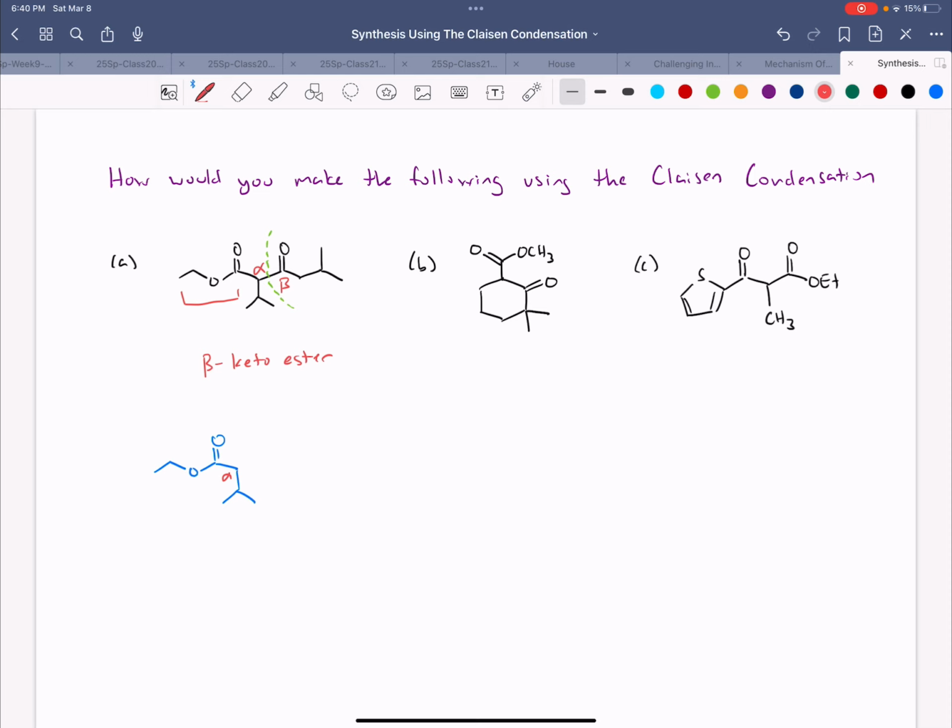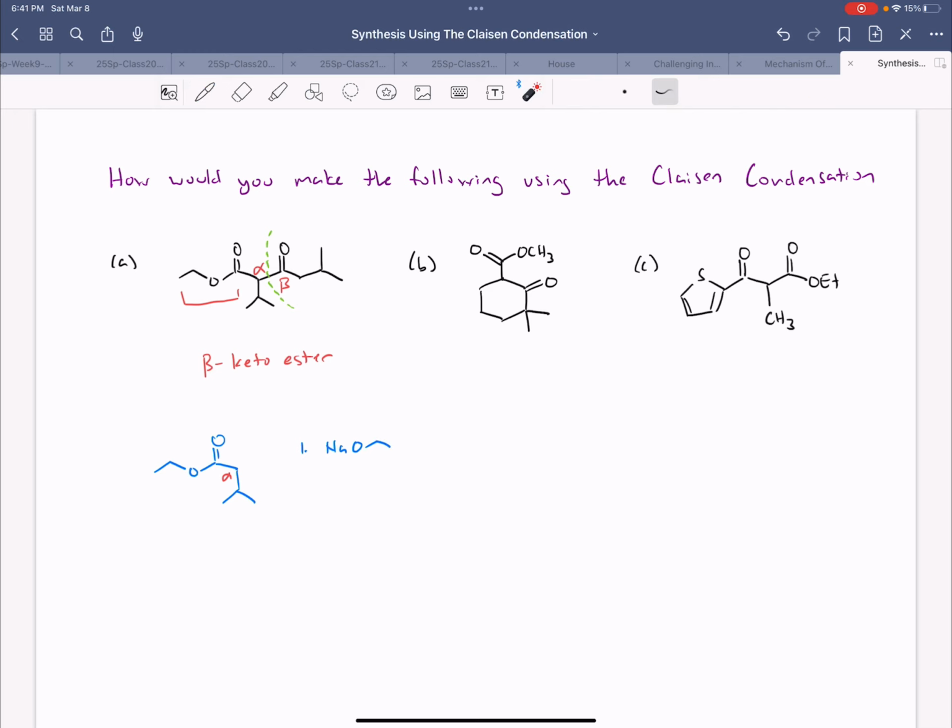Now, for a Claisen condensation, you have to make the enolate. So to make the enolate, if you saw my previous video on Claisen, you want to match the oxide base with the leaving group. So you could say Et for ethyl, or you could draw that.